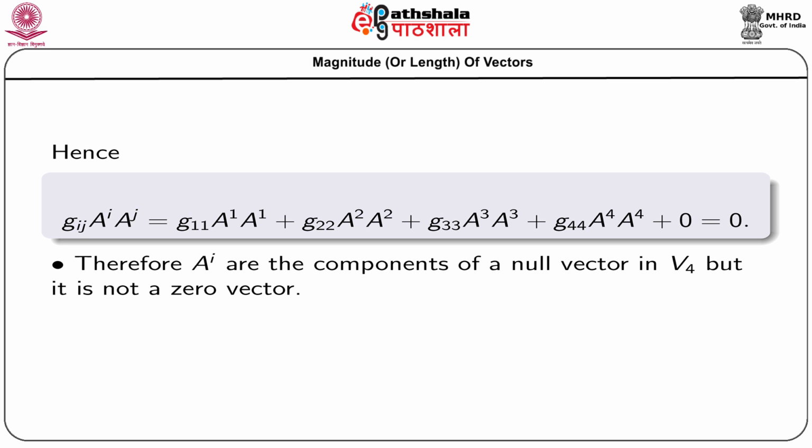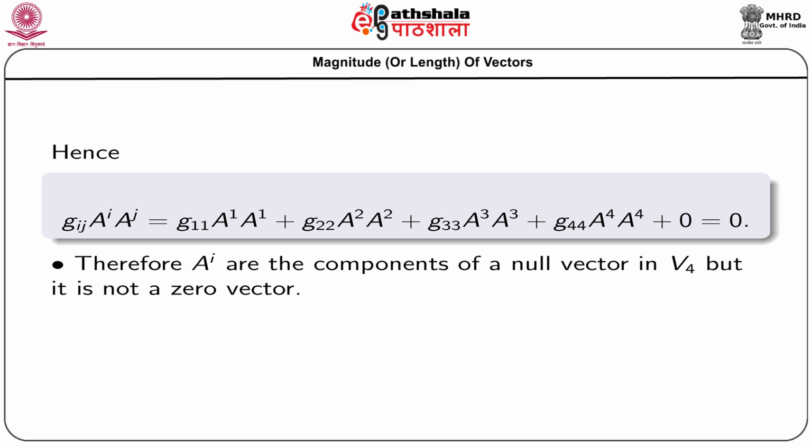Therefore, Ai are the components of a null vector in V4, but it is not a 0 vector, as not all the components of this vector are 0. They are minus 1, 0, 0 and 1 by c.